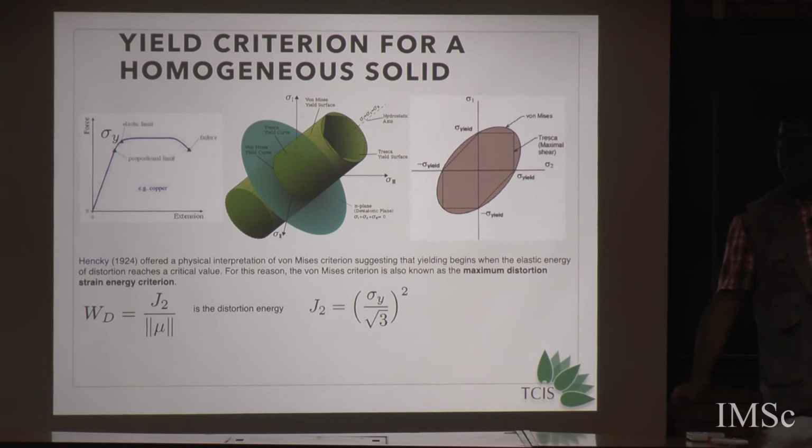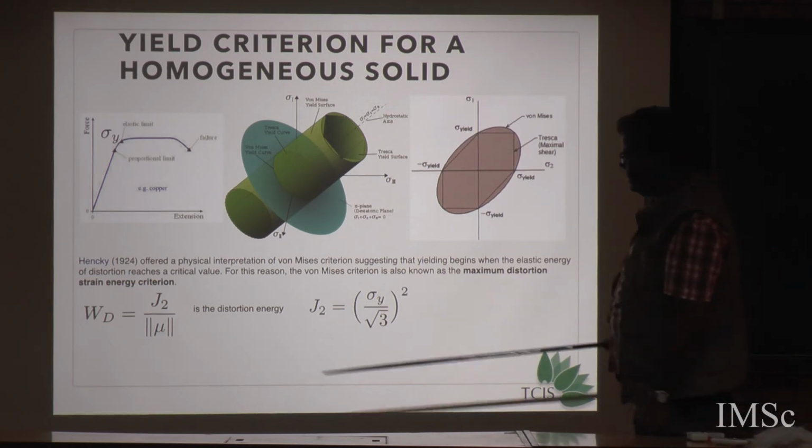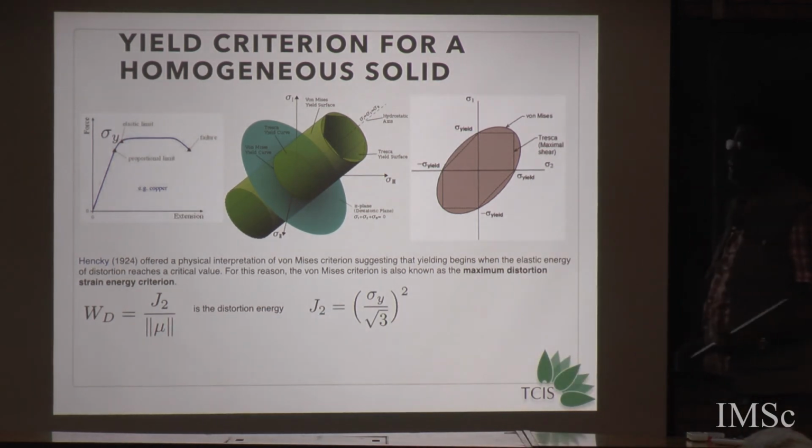So if you calculate this so-called distortion energy, then this distortion energy has some limiting value. Above that value, dislocations form, and the solid cannot distort anymore. So there is a limiting distortion, beyond which you start getting flow. So this is a criterion which is based on some energy exceeding some threshold. So this is a global threshold criterion.